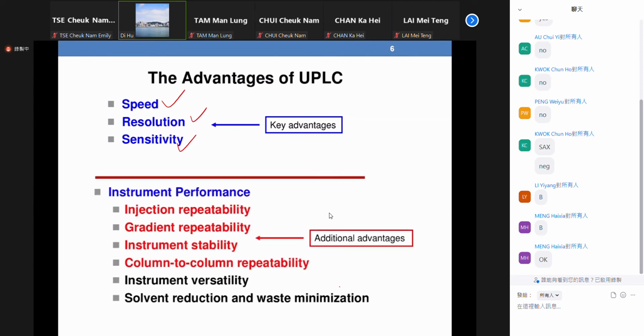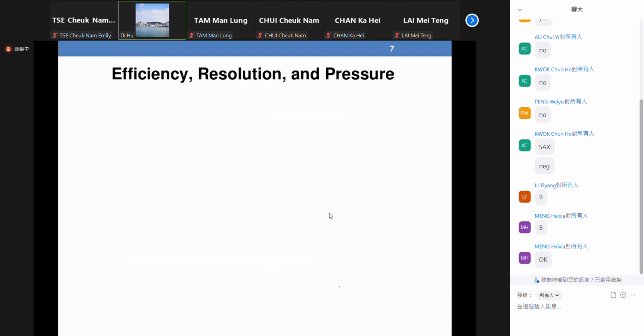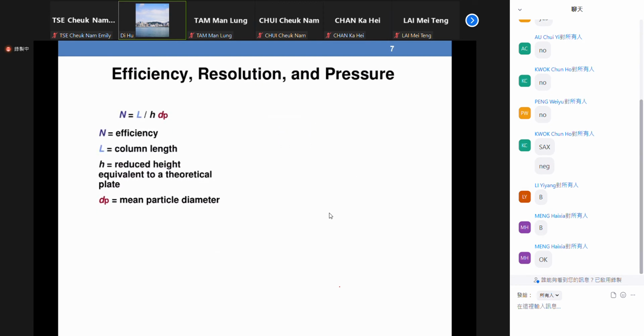And for the instrument, the UPLC also has better reproducibility, not only for injection but also for the gradient. And it has good stability for the instrument and so on. For efficiency, we just mentioned N equals L over H. Because H is proportional to dp, we can write H equals small h times dp.